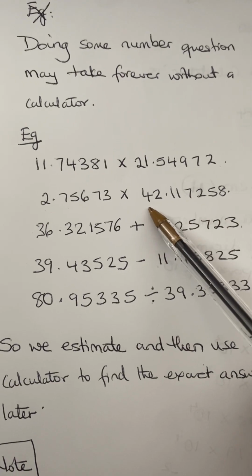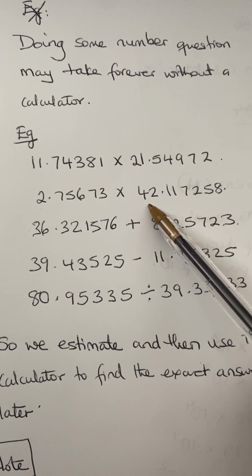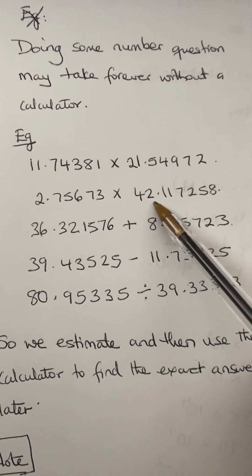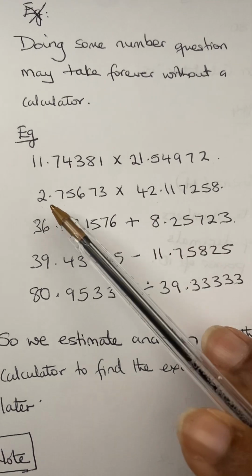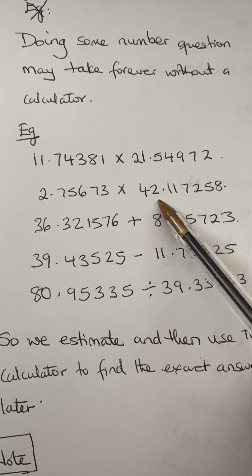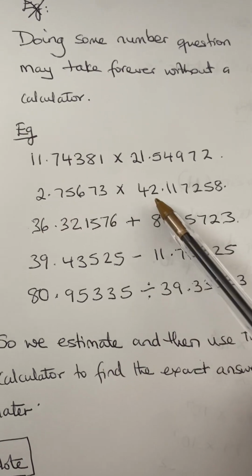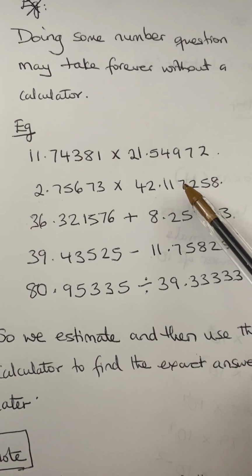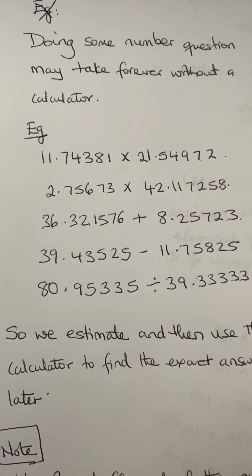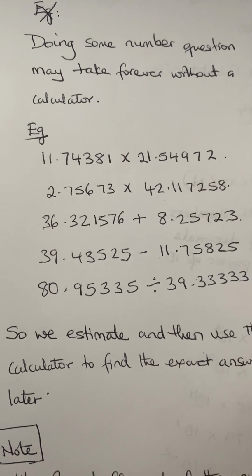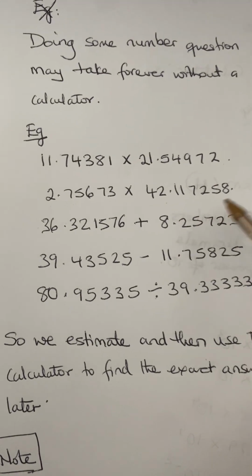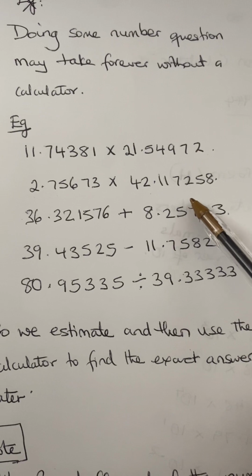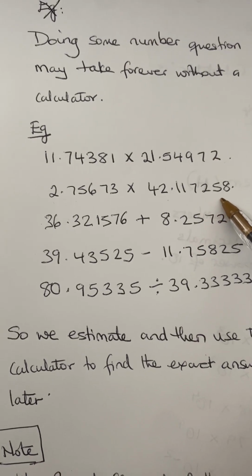And I know 42 times 2 is 84, plus another 42. So I'll be getting a value about 126, thereabout, or 125. Assuming I didn't have a calculator, these are the figures I'll be looking at.